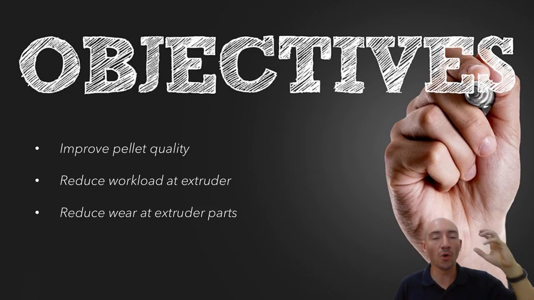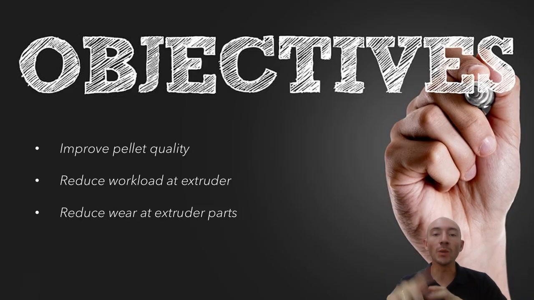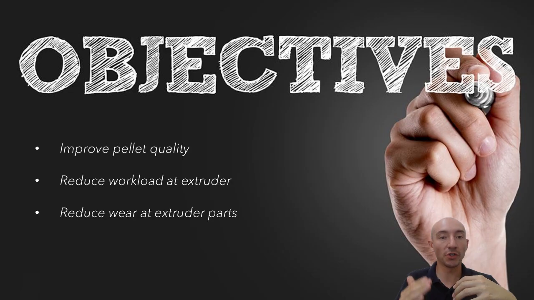And if the extruder motor is doing much more work, it also means that it will wear your parts faster and will reduce your extruder capacity. And this is not what we want, right? So we need the conditioner to improve your process in all these ways: to get a better product, to improve your quality, to reduce your extruder wear, and to increase your extruder capacity, right?